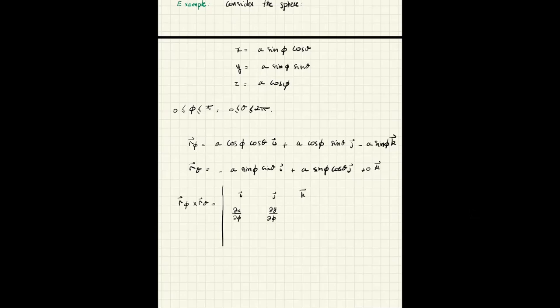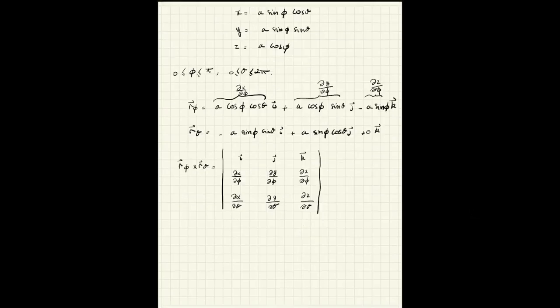but this is what we've done here. This is del x del phi, del y del phi, and this is del z del phi. And the same thing goes for theta. This is del x del theta, del y del theta, del z del theta. All right? Okay, now you compute.